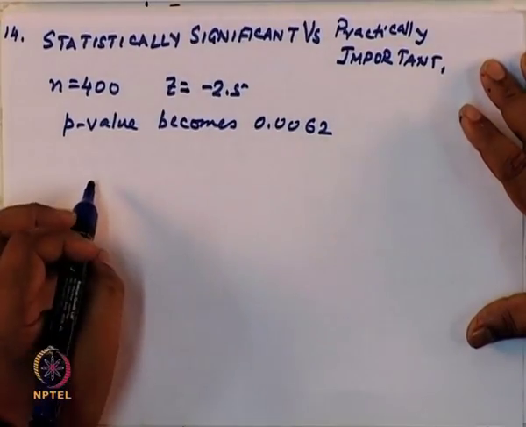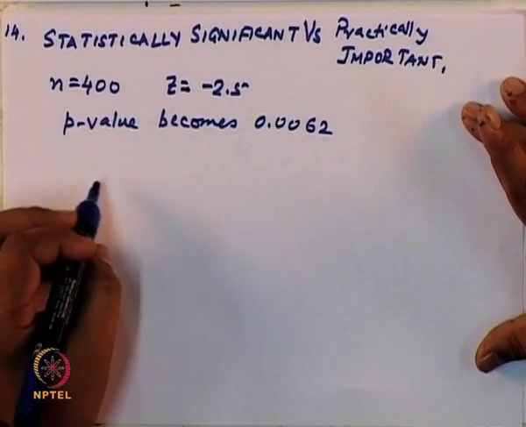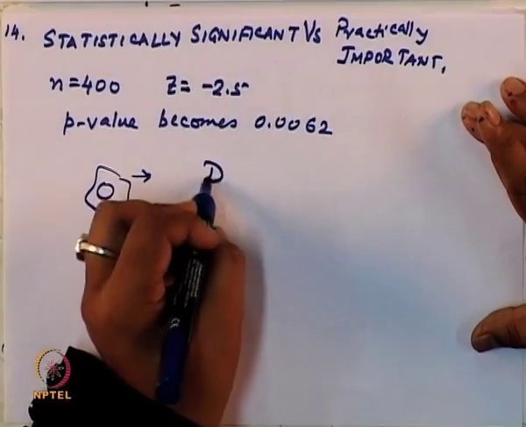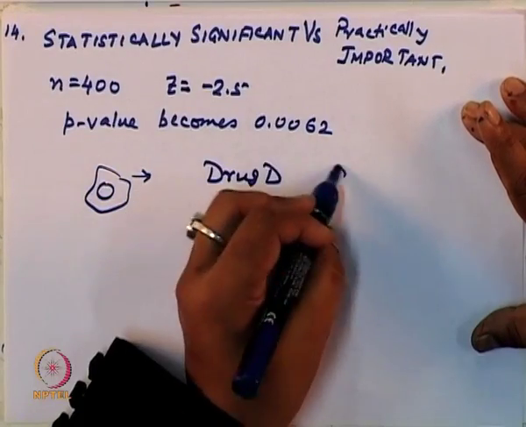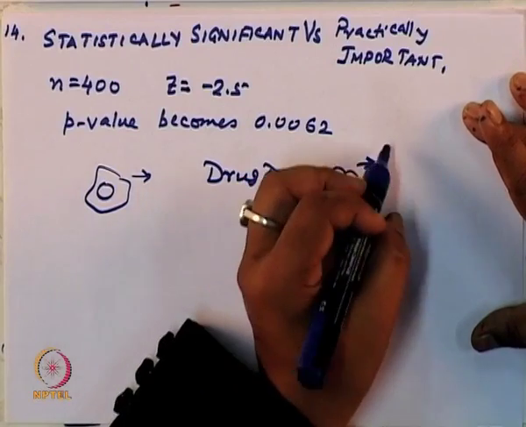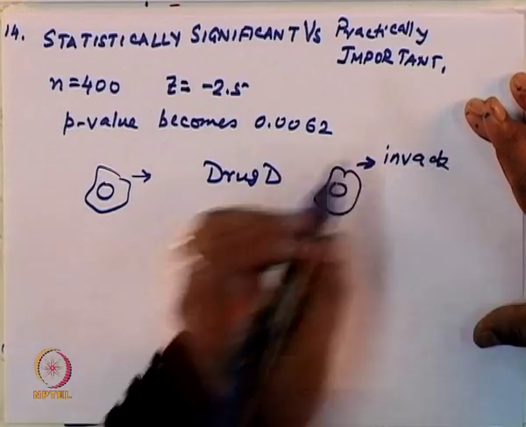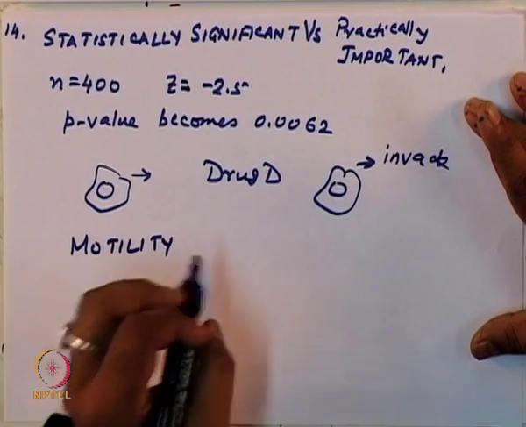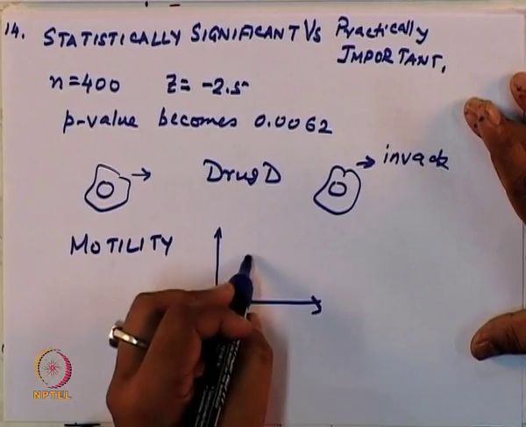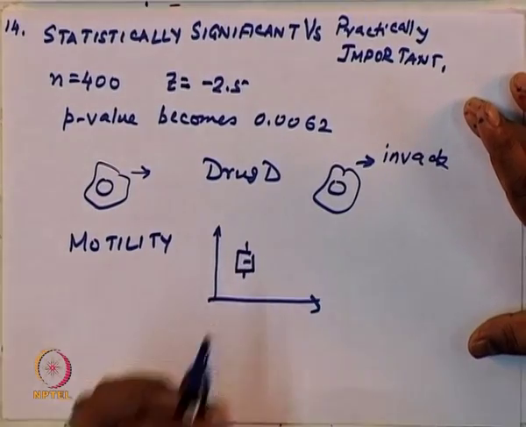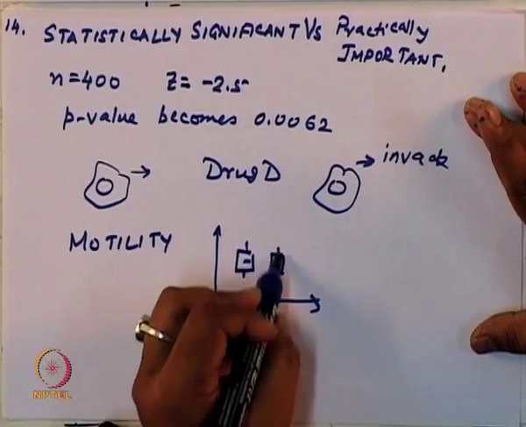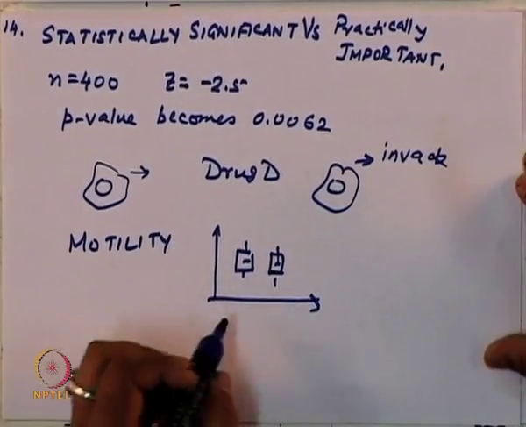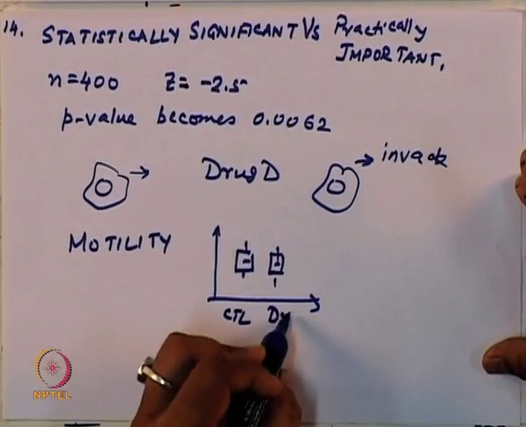For example, I have a cancer cell which is invasive, and I have drug D which targets its ability to invade. If you measure its motility, imagine you have a plot like this. As you can clearly see from this plot, there is very little difference between the control group and your drug group.